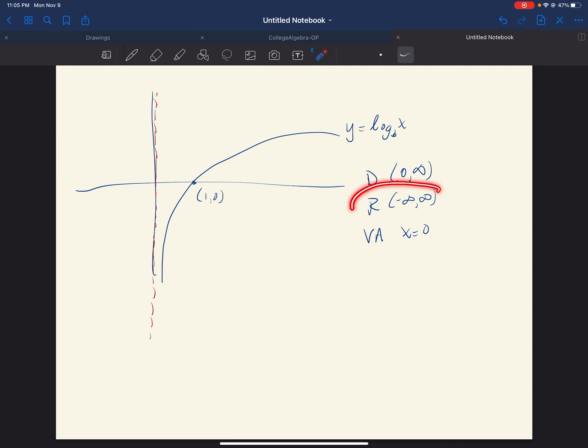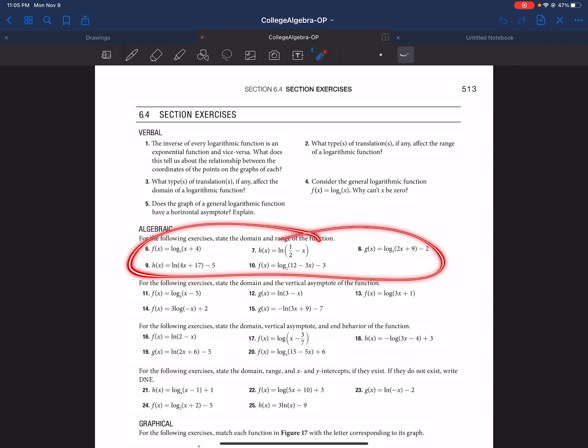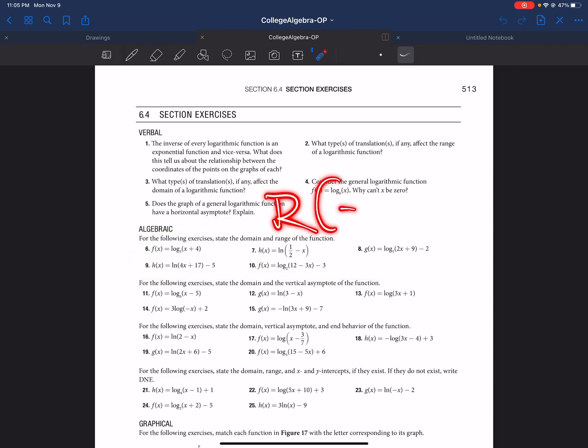And so we do hit all values. So however you shift it left or right, down or up, it's still going to go all the way to negative infinity and all the way to positive infinity. So the range for all of these problems is negative infinity to infinity.